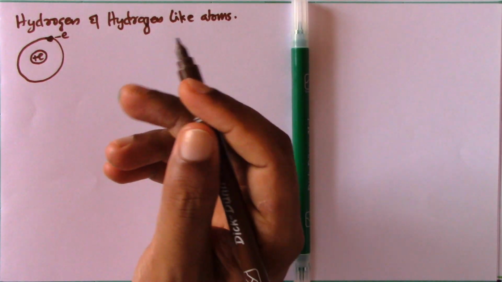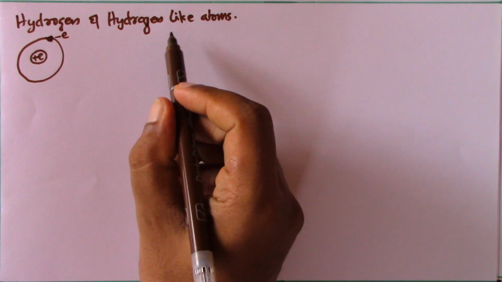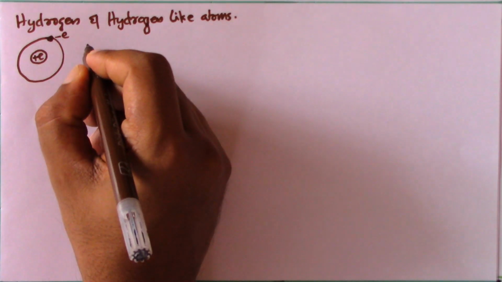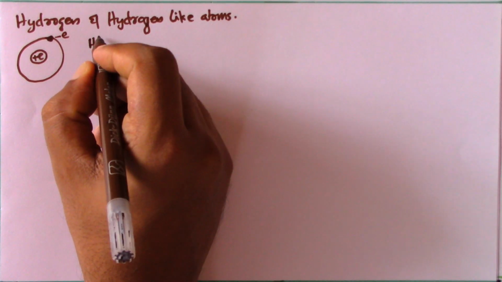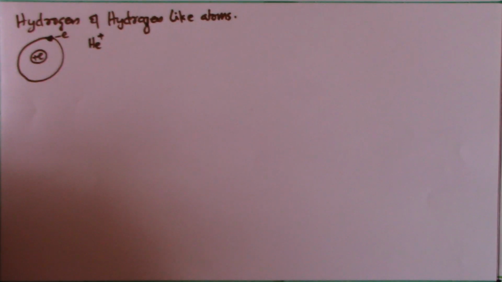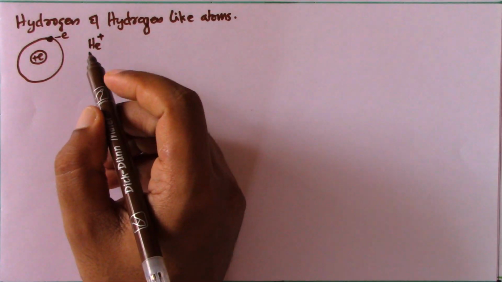And we can also talk about the hydrogen-like atoms. For example, helium plus. And in this case, how many electrons are there? Helium has 2 electrons, and if one of the electrons is knocked out, then helium has only 1 electron, that is helium plus.